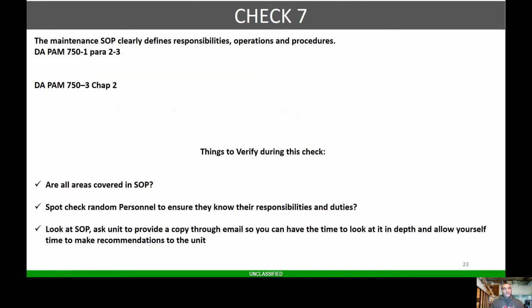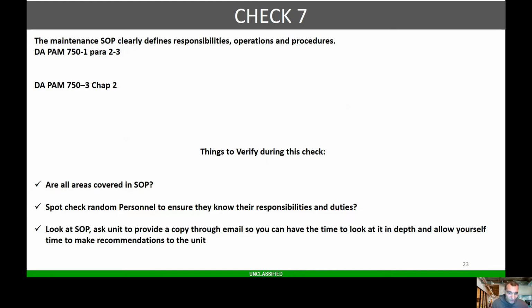So check 7, the maintenance SOP clearly defines responsibilities, operations and procedures, right? 750-1 and 750-3. Things that I look for are all areas covered in the SOP. I spot check random personnel to ensure they know their responsibilities and duties. I look at their SOP.